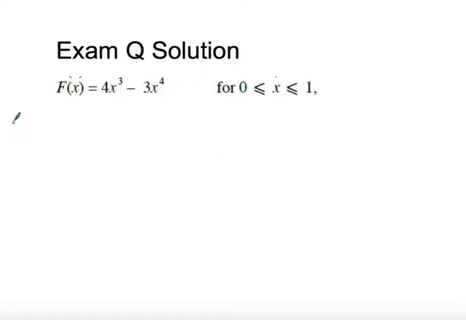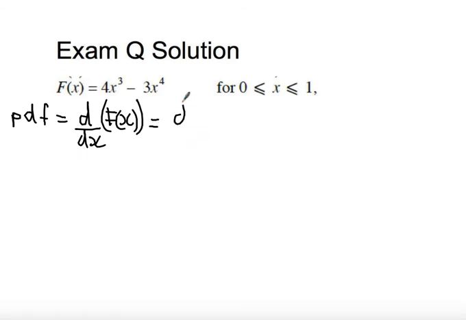So what you should remember from last lesson is the probability density function is equal to the derivative of the cumulative distribution function. So what we're looking to do here is differentiate 4x cubed minus 3x to the power of 4.